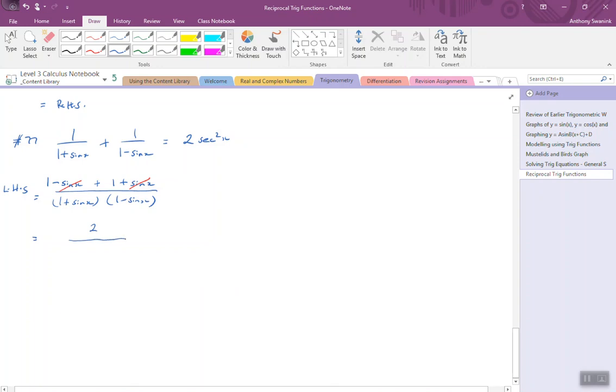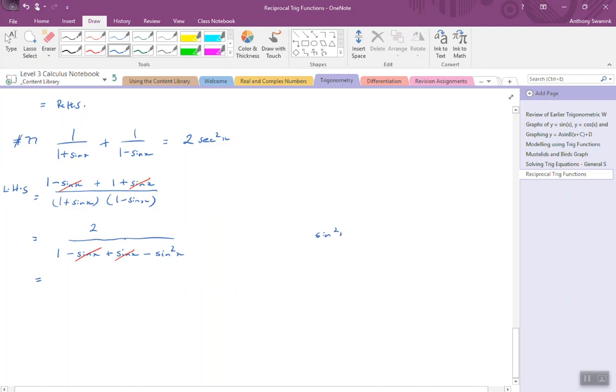And what have we got on the bottom? Well, if you multiply out that, you get 1 times 1, 1 minus sine x plus sine x, and sine x times negative sine x is 1 minus sine squared x. The sines cancel, and we've got 1 minus sine squared x on the bottom.